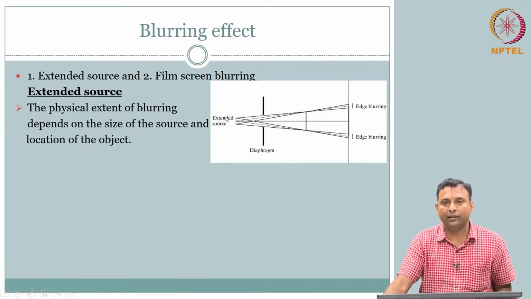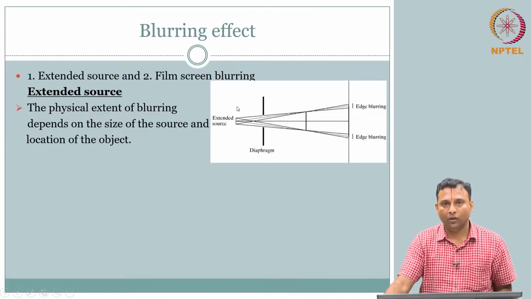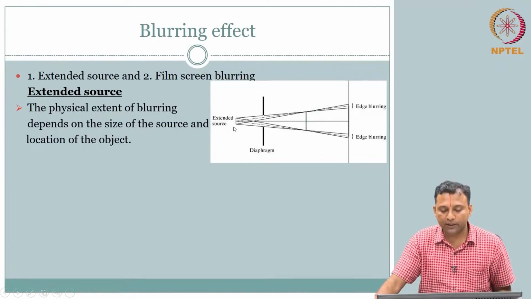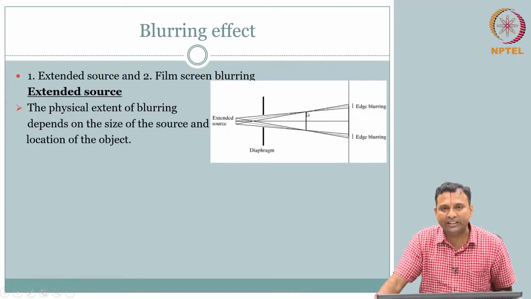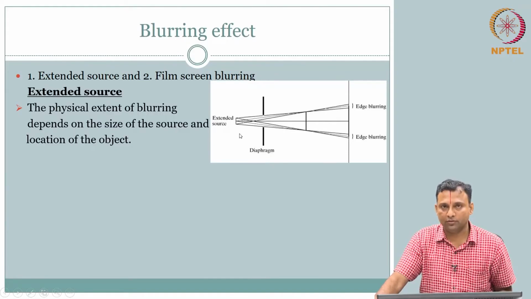Extended means the source is not a point, its dimension is extending in one direction, so it has become a line. Here you can see that the same edge is caught from here, or it is caught from here. So one edge is caught by the extended source.